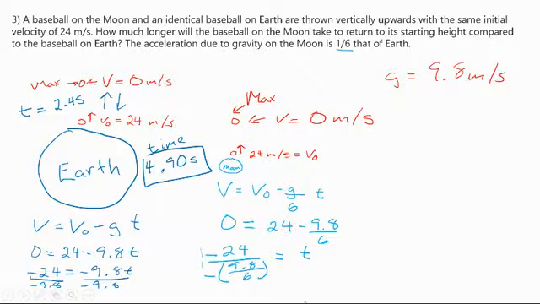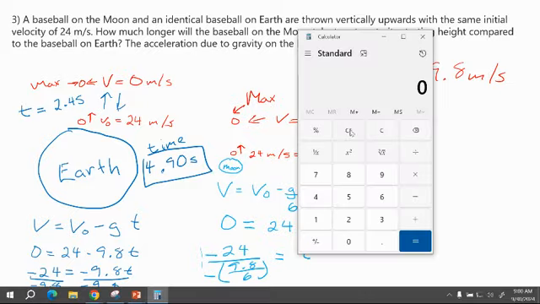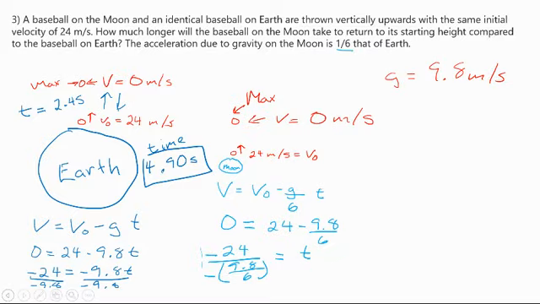Okay? Does that make sense? So on my calculator, I'm going to say 9.8 divided by 6. Okay, that's 1.63 repeating.